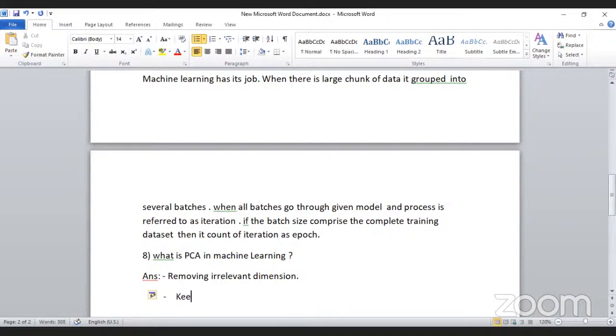It will keep only the most relevant dimensions.